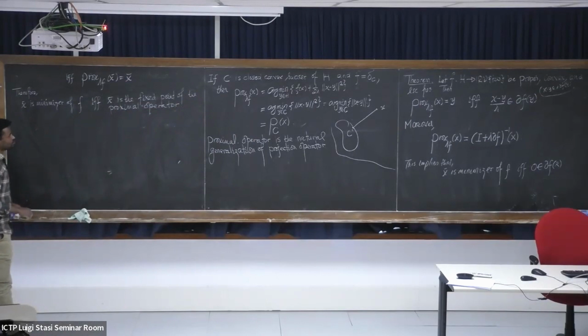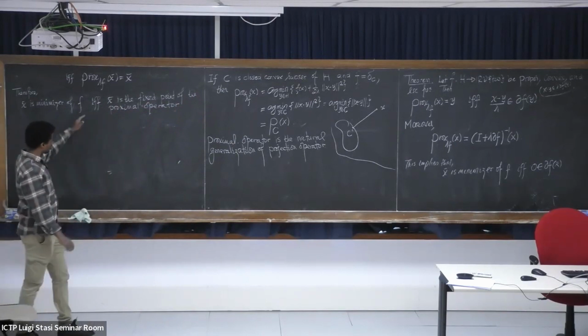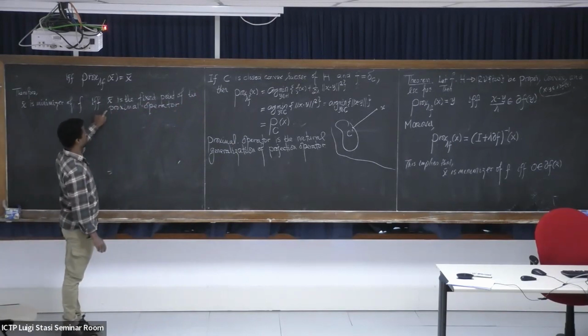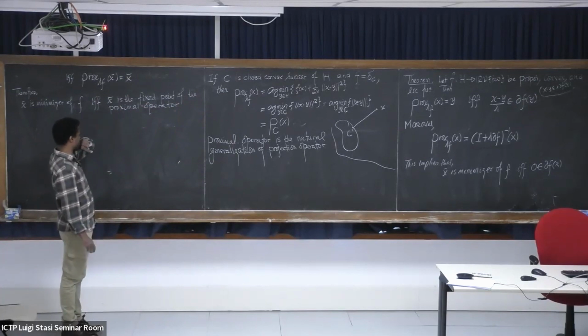If it is a fixed point of the proximal operator, this is very important. In non-smooth optimization, finding the minimizer of the non-smooth function is just finding the fixed point of the proximal operator.